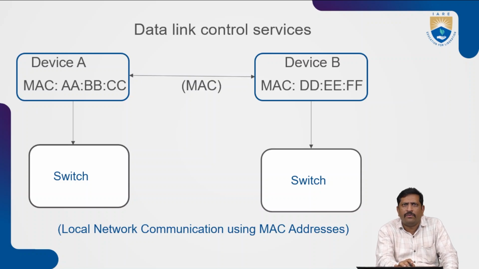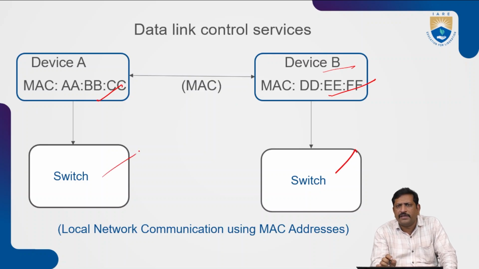device A has its own MAC address, and similarly device B also has its own MAC address. With the help of the MAC address, we can identify device A and device B. These devices are connected to switches, and may be connected to routers. So data link control is one of the services, along with physical addressing.